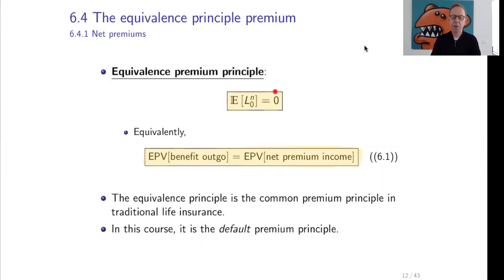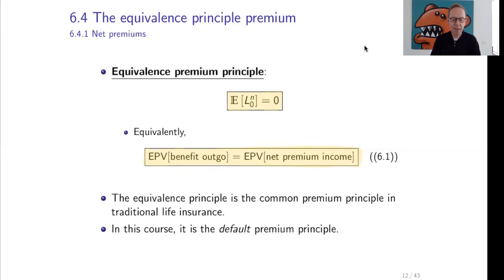So the expected loss being 0 can as well be written as the expected present value of the benefit outgo must be equal to the expected present value of the net premium income. What does that mean? We will determine the premiums such that the actuarial value of what the insurer will pay is equal to the actuarial value of what the policyholder will pay as premiums.